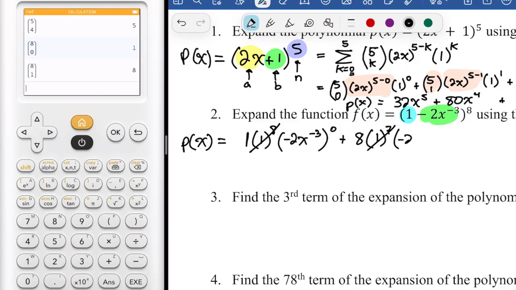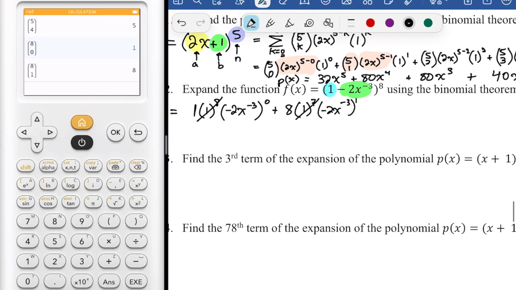But I would have negative 2x to the negative 3rd now raised to the 1st power, plus 8 with a 2.